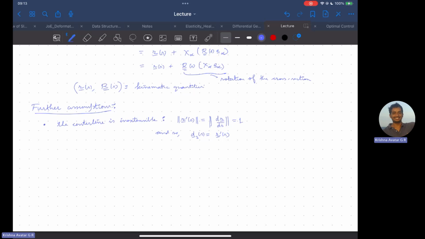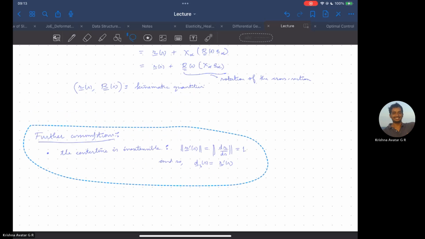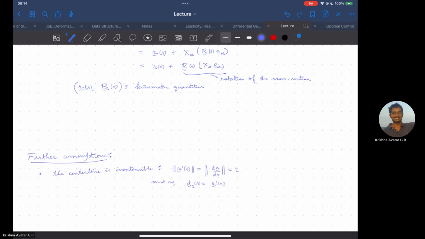And talking a little bit about the rotation matrix, R vector, this is defined as the matrix with columns d1 of s, d2 of s, d3 of s stacked one after the other, right?